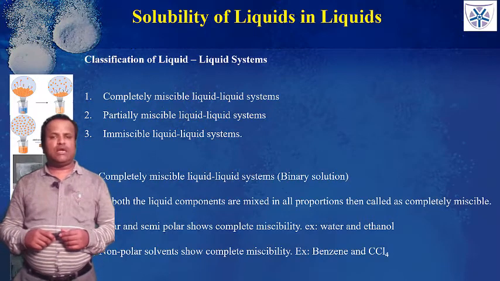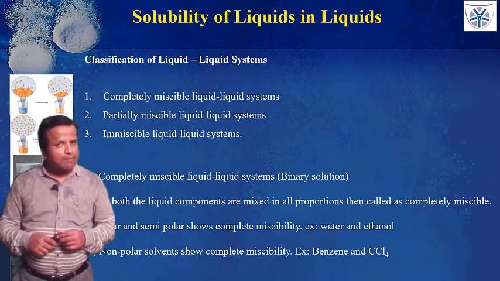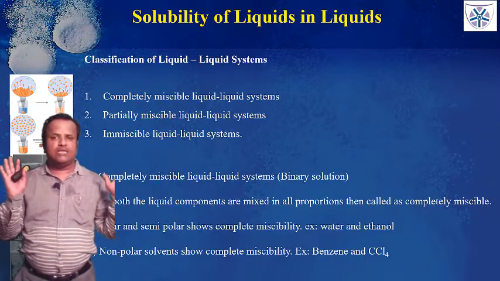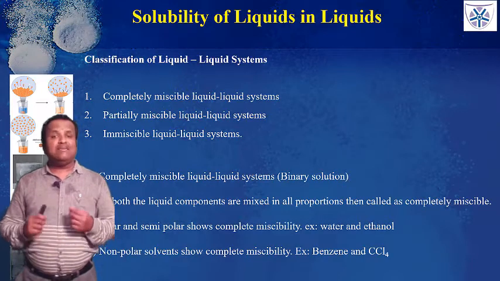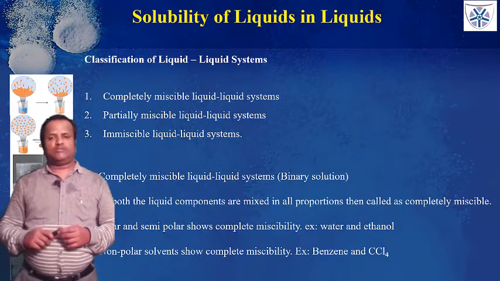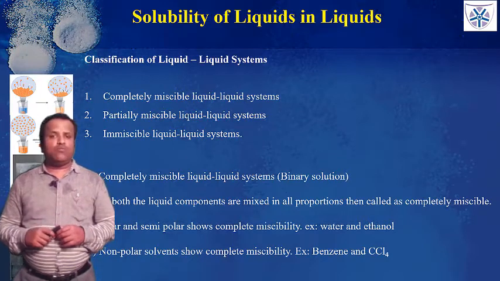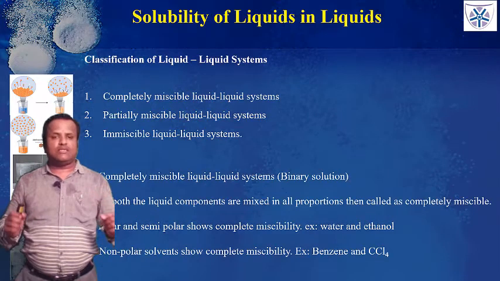If carbon tetrachloride is added to water, what will happen? They are not miscible with each other. That is the example for an immiscible liquid system: carbon tetrachloride and water.